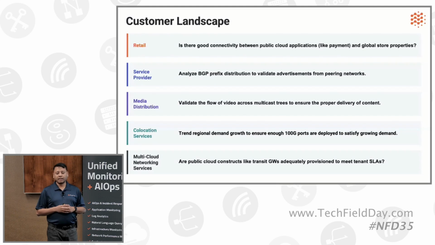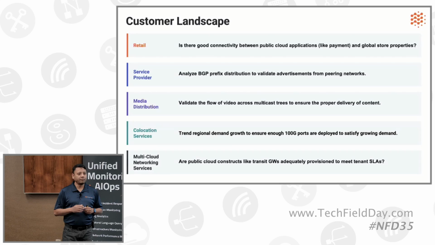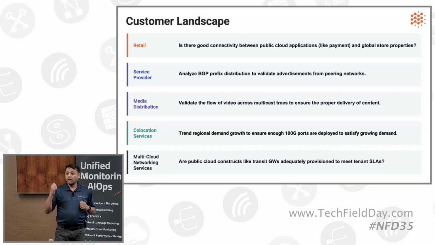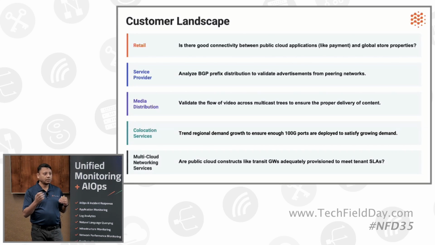Now, if you look at the customer segments, primarily, as I said, service providers and the large enterprises. But if we do the next level deep dive, what are the primary use cases that we are focused on? For example, in retail, it could be looking at the health of the sites, the health of the properties, the health of the applications serving retail and enterprise, and how it is dependent on the underlying network.